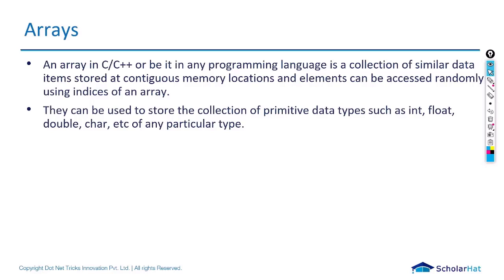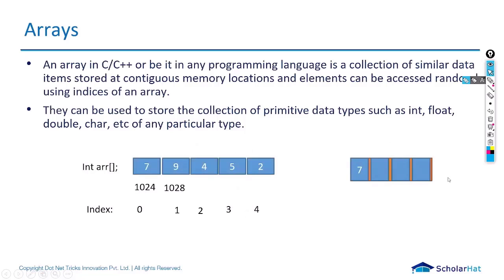They can be used to store a collection of primitive data types such as int, float, double, char, etc. of any particular type. We already saw that integer, float, double and character are the data types we use for normal variables. How we connect normal variables and arrays, I'll get through it.